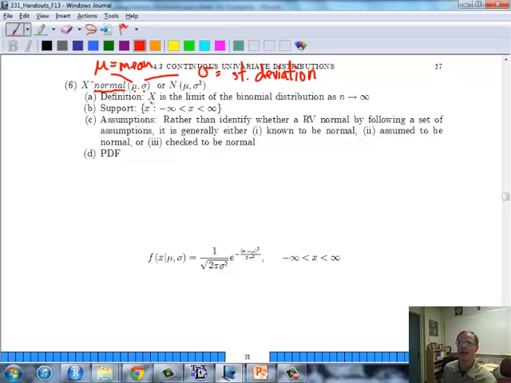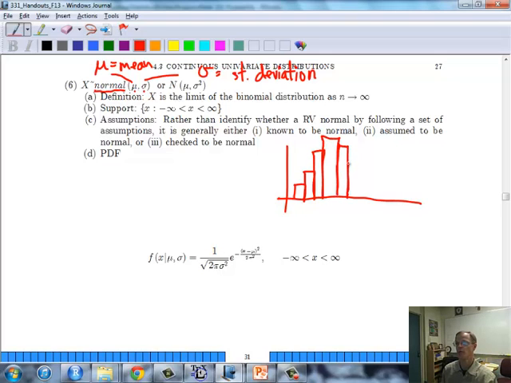The normal is the limit of the binomial distribution. That's where it's derived from, and I think I'll make an argument about this in class, but I will just say that in fact that's how it was originally derived. You'll have some type of binomial case like this, and once you take more and more observations, so as n gets larger, then we're going to have finer and finer numbers of bars.